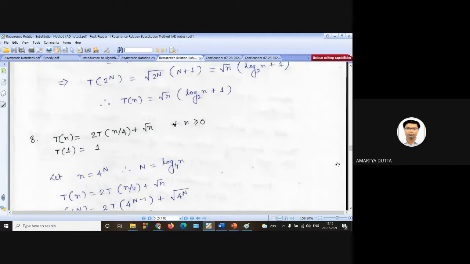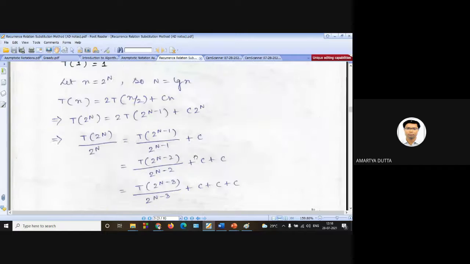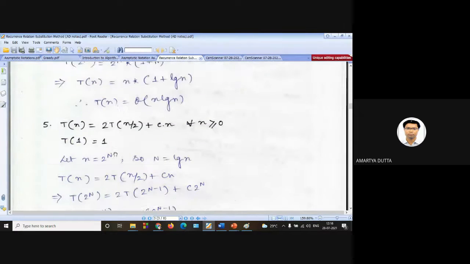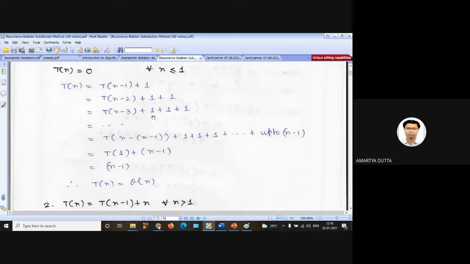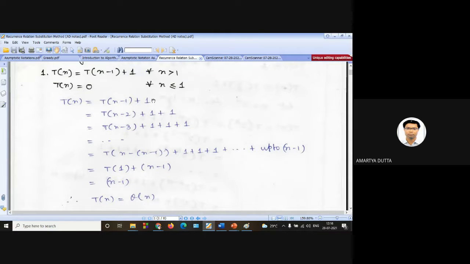These are the fundamental form: T(n) = T(n minus 1) + some control function of n. This may be a function of n or this may be constant. Here in the first example, this is constant.